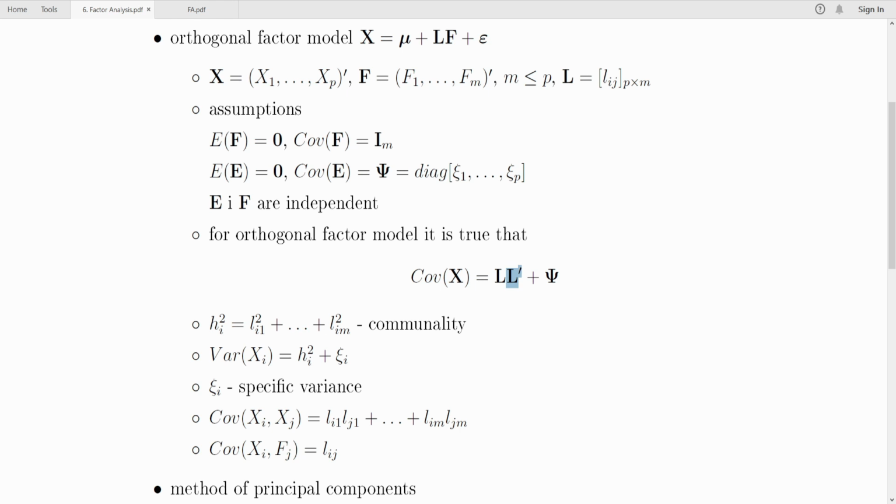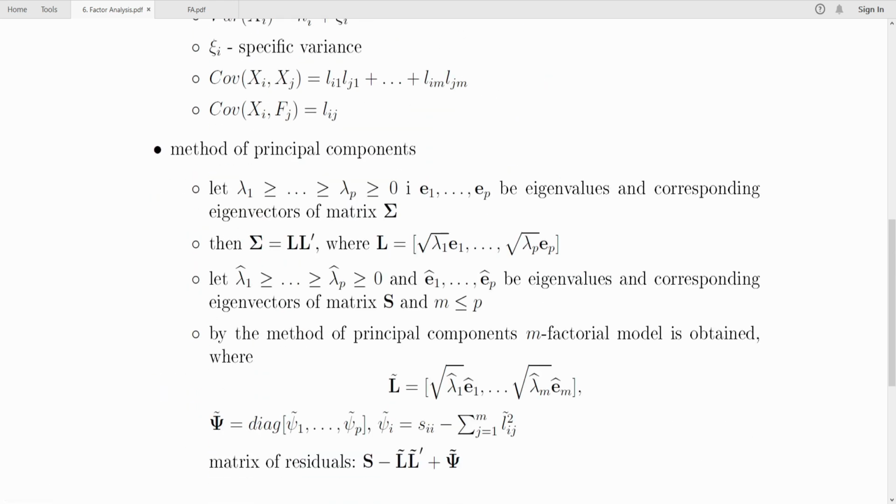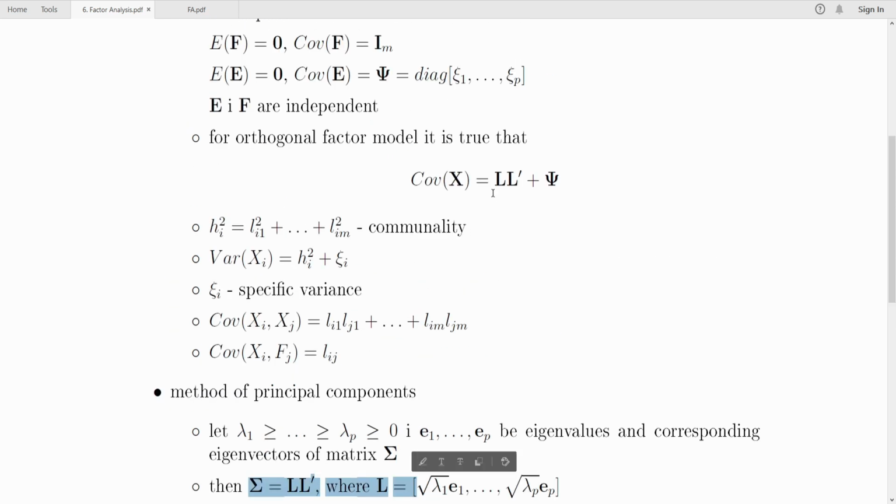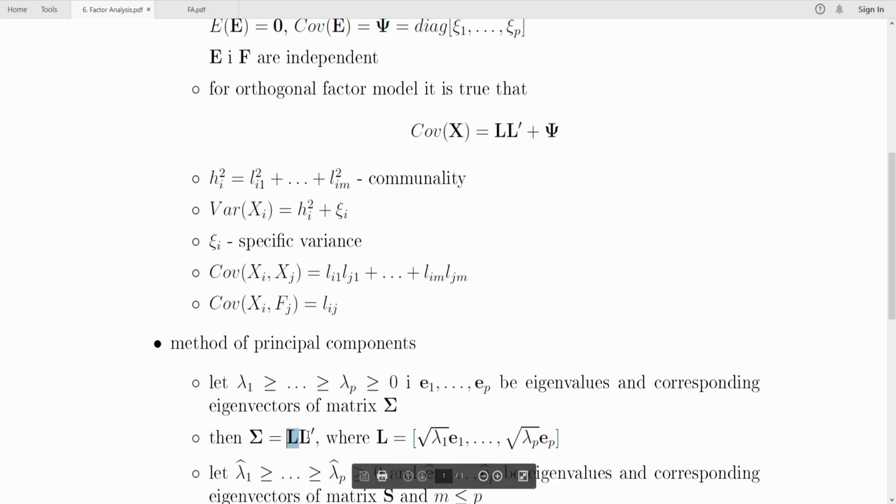In this case psi is going to be the zero matrix, because it is the exact decomposition of our covariance. So sigma would be equal to L times L transposed, and you can see by this expression that choosing this vector as L gives us sigma.